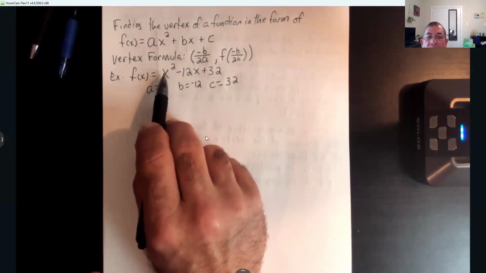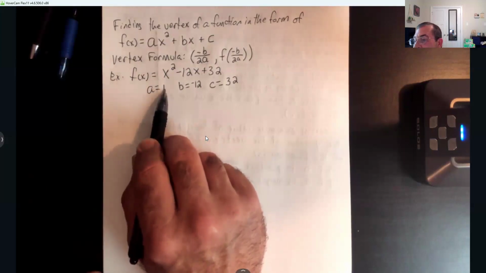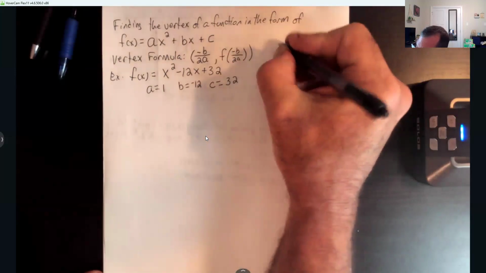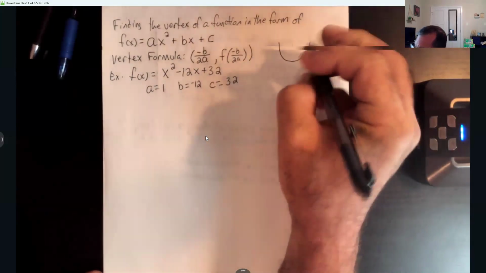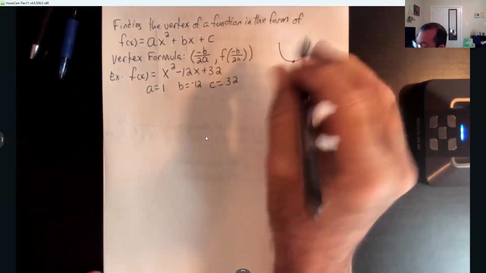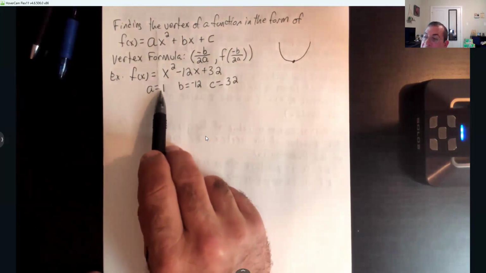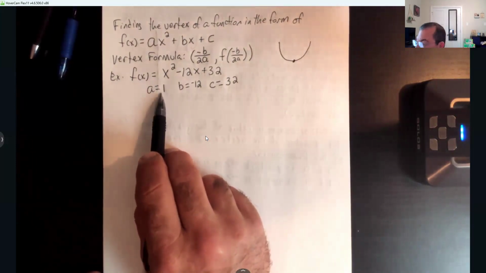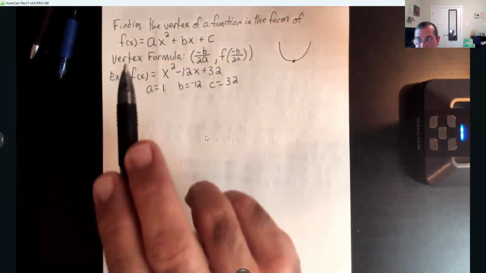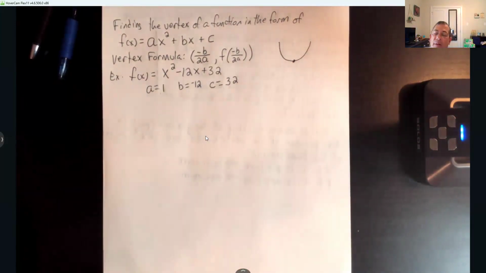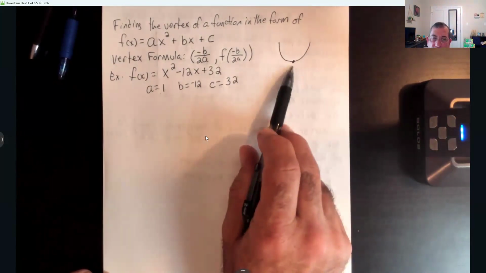And remember, if that A is positive, that means on my graph we will have a minimum value. If that would have been a negative 1 or a negative number, that would have flipped it over and we would have had a maximum, okay? So I do know because of the A that it's a minimum.